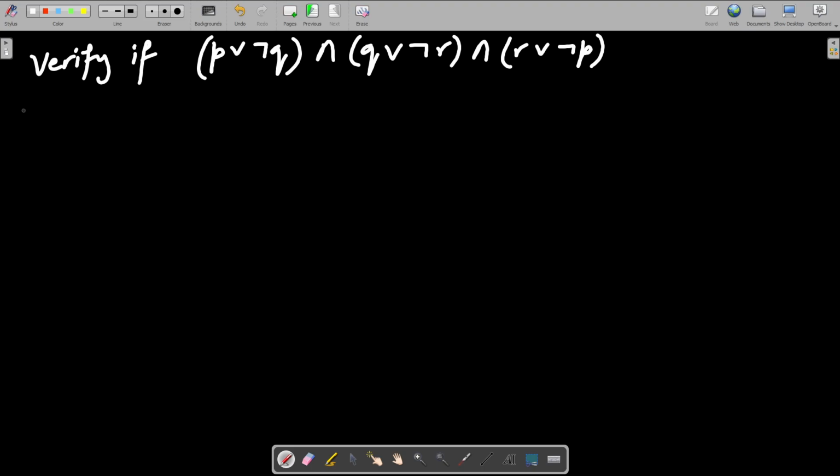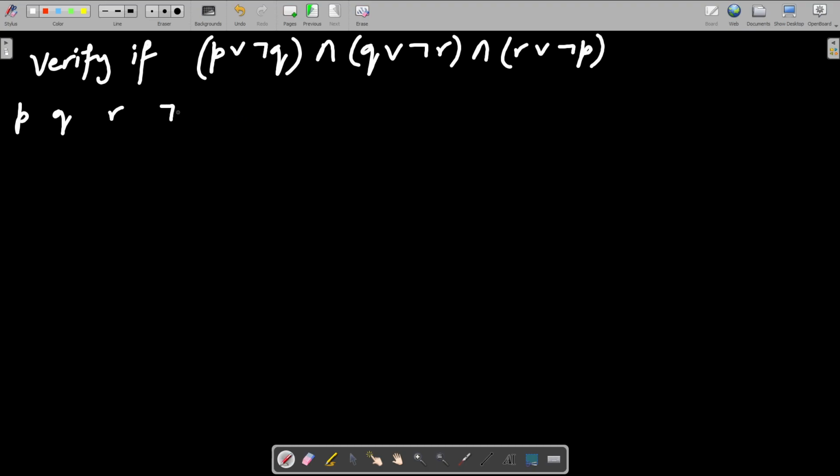Okay, so let us do the truth table for this. So P, Q and R you write down. Then write down each of the brackets individually.